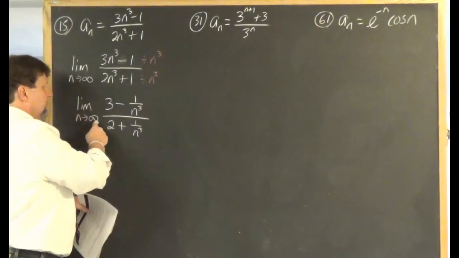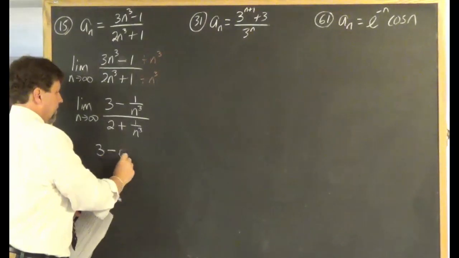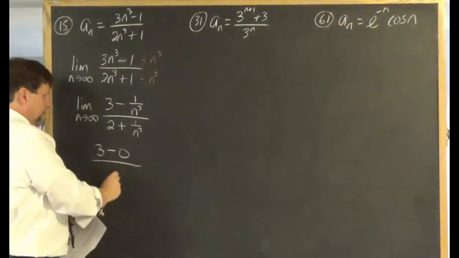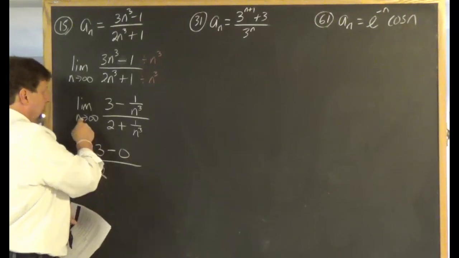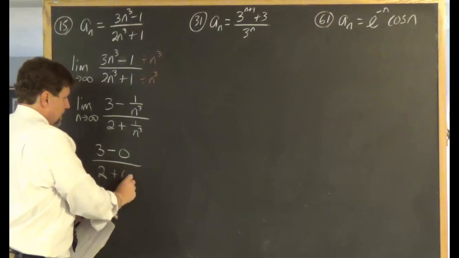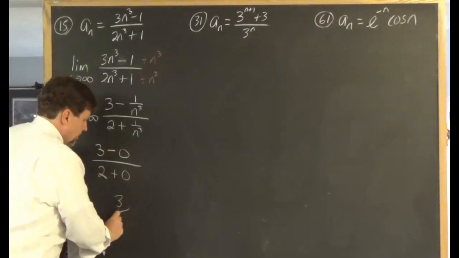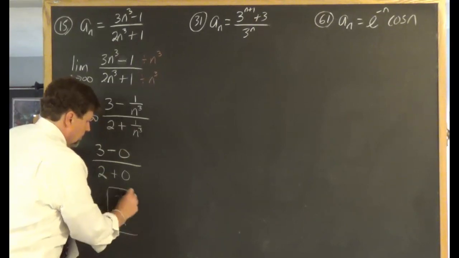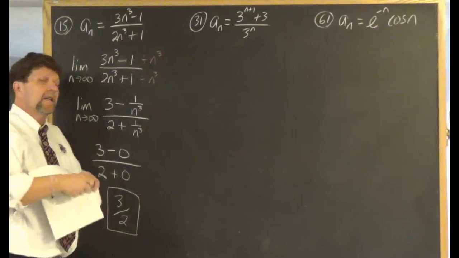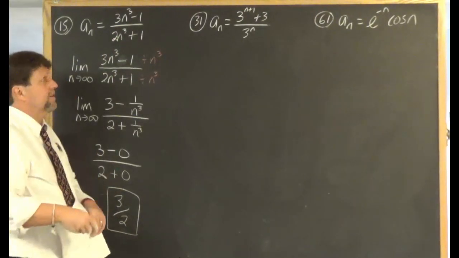The limit of 1 over n cubed is 0. The limit of 2 is 2. And the limit of 1 over n cubed, again, is 0. 3 minus 0 over 2 plus 0. The limit is 3 halves. So this sequence converges, and its limit is 3 halves.